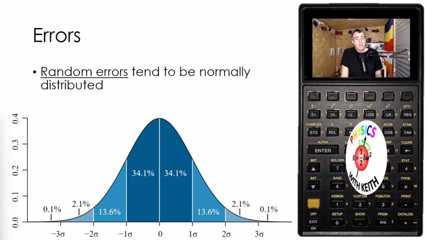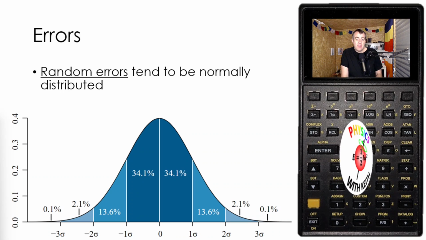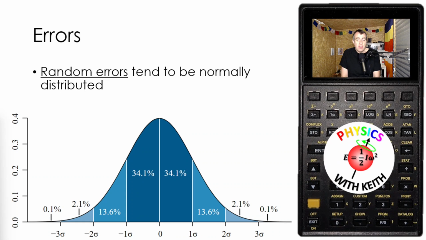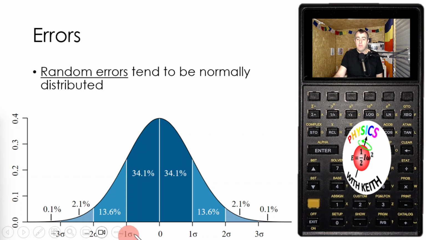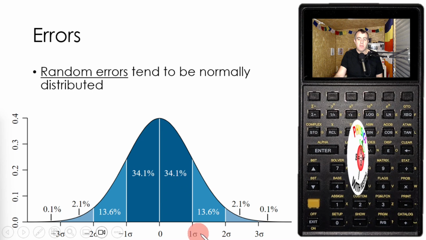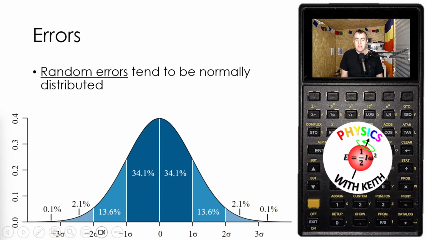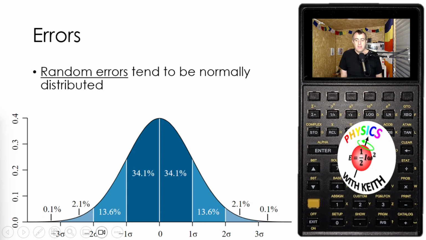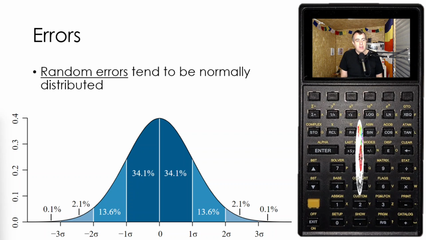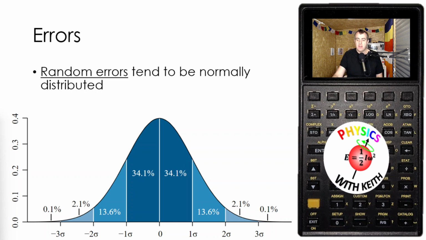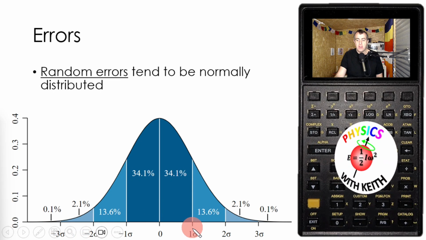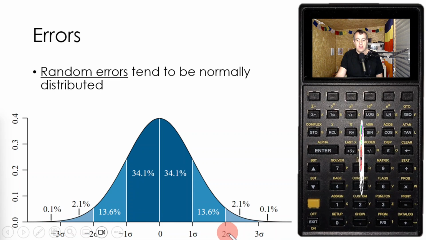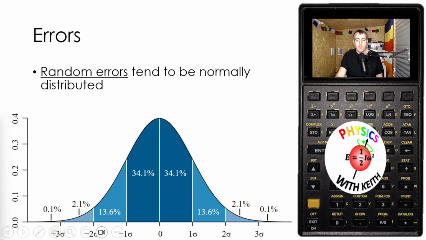Random errors tend to be distributed like this. This is a normal distribution or a Gaussian distribution. If you haven't studied much statistics, the numbers on the x-axis aren't going to make tremendous amounts of sense to you. That's sigma there, which is one standard deviation. So this is one standard deviation from the mean, this is 2 standard deviations from the mean, and so on.